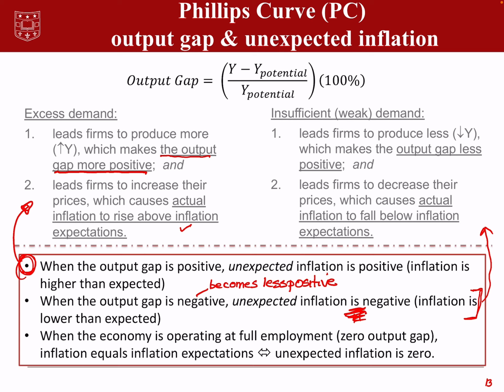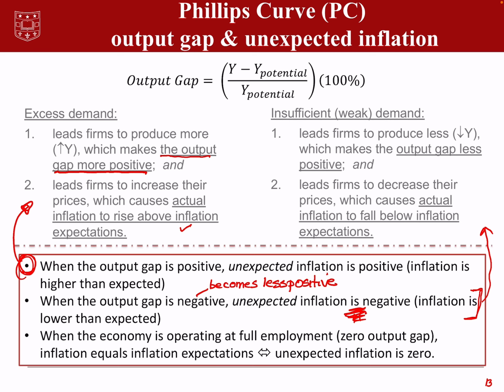So if the output gap is positive, then we have positive unexpected inflation. If the output gap is negative, then we have negative unexpected inflation. It then follows that when the output gap is zero, in other words, when the economy is operating at full employment, then inflation is equal to the expected level. Inflation equals the inflation expectations, and by definition, unexpected inflation is zero.